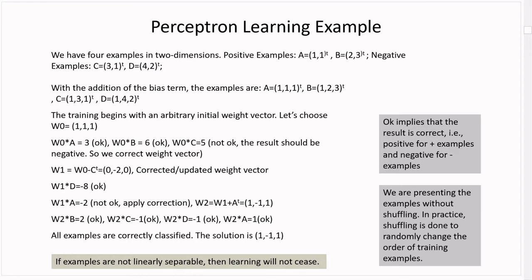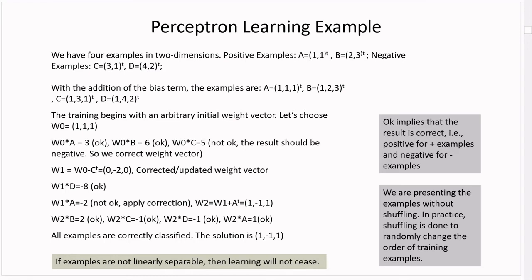The idea of subtracting C here is that when you do that, you are pushing the dot product with the updated vector towards 0. That is, its value is going to go down from the earlier value, which means chances are it might cross over from 0 and become negative, and that is what you really want. So our updated weight vector now becomes 0, minus 2, 0.